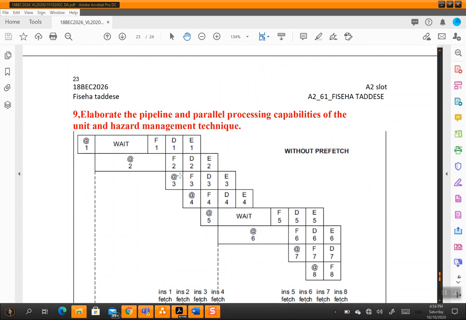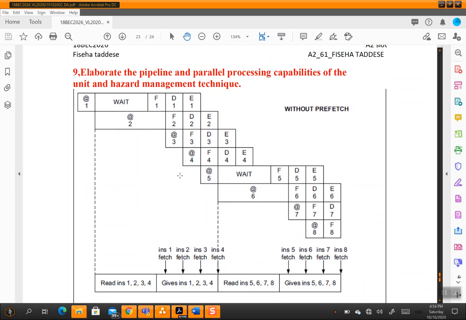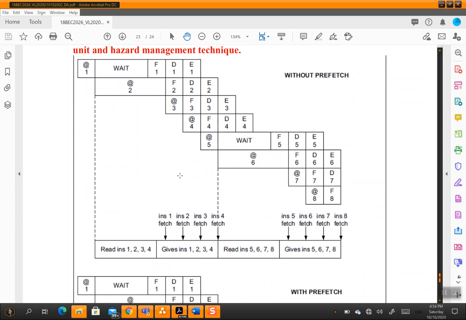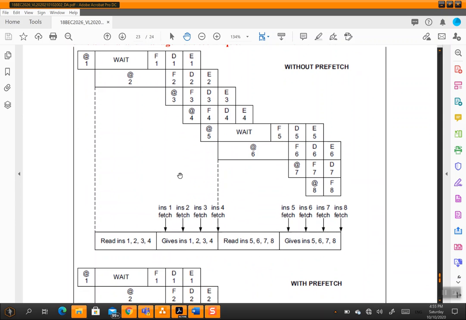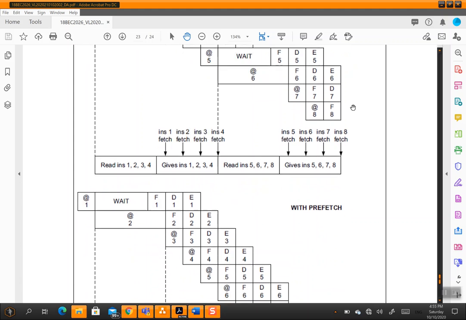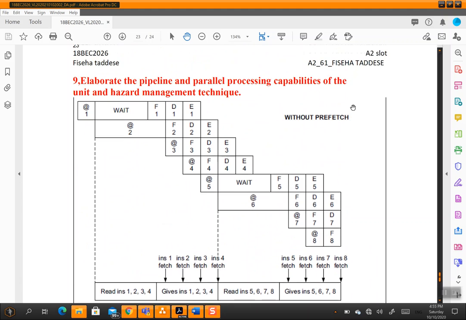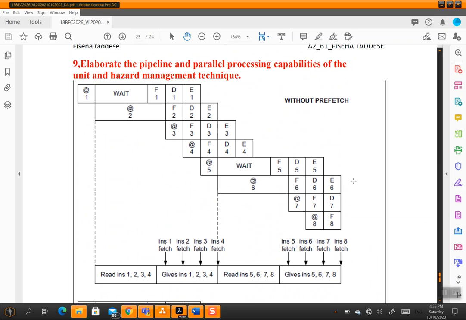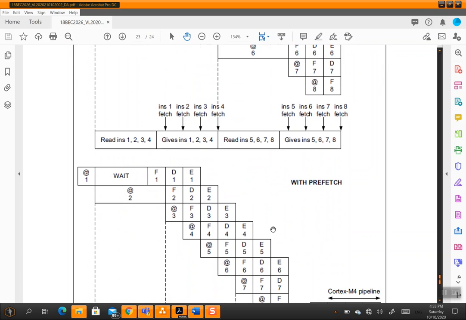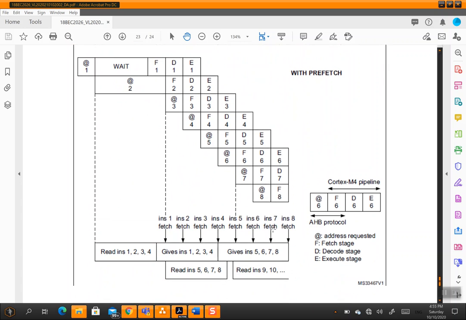Next question: elaborate the pipeline and parallel processing capabilities and the error and hazard management technique. What pipelines reside in the selected microcontroller? The pipeline system in the selected microcontroller can be classified into two: without prefetch and with prefetch. You can see the pipeline operations clearly from the diagram, and with prefetch, these are the operations of the pipeline.